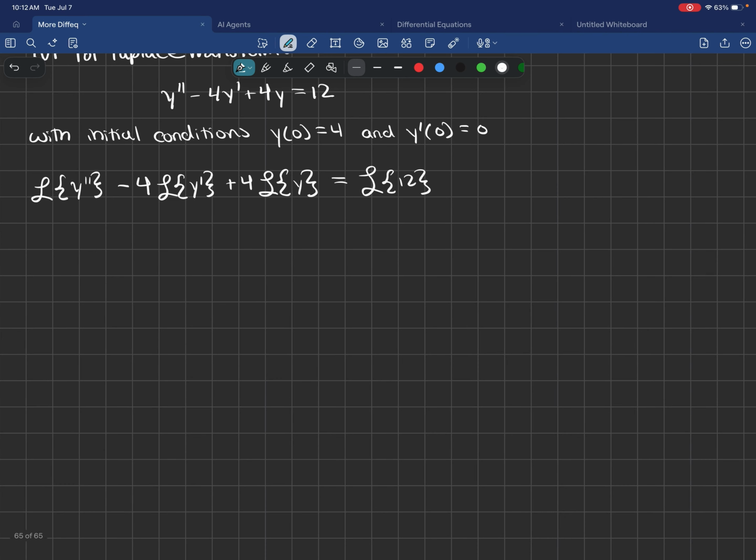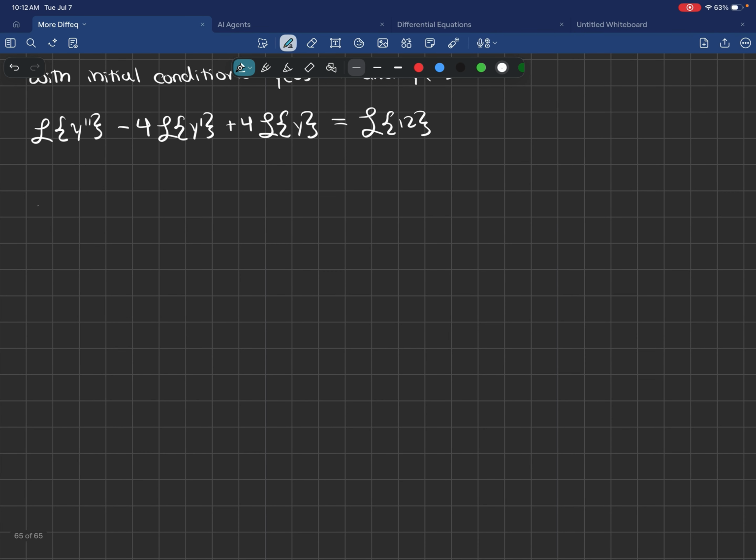So we have a table in our formula sheet that lets us do this very easily. The Laplace of y double prime is s squared Y of s minus s y of 0 minus y prime of 0.